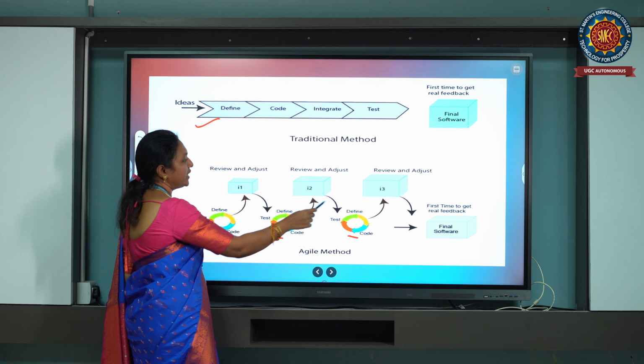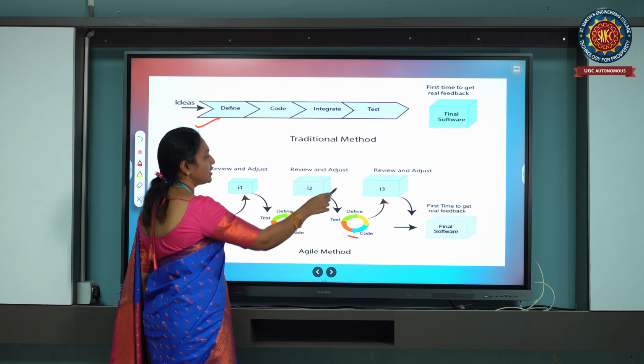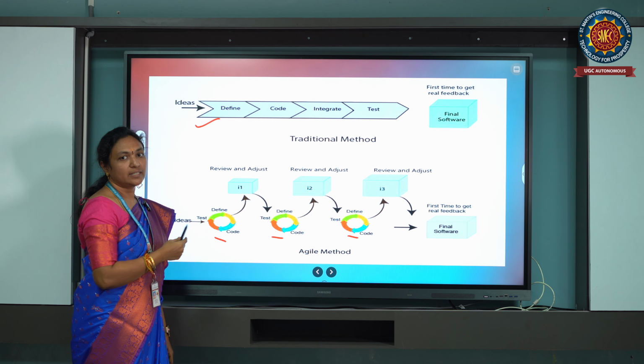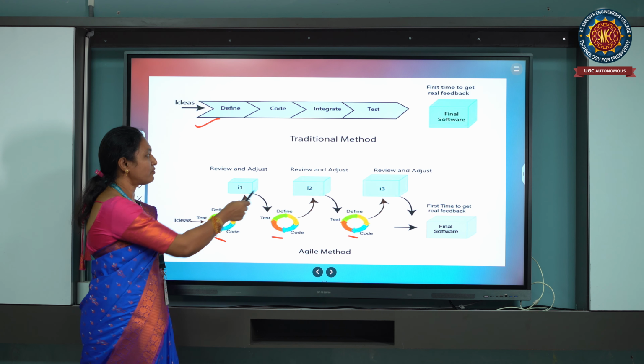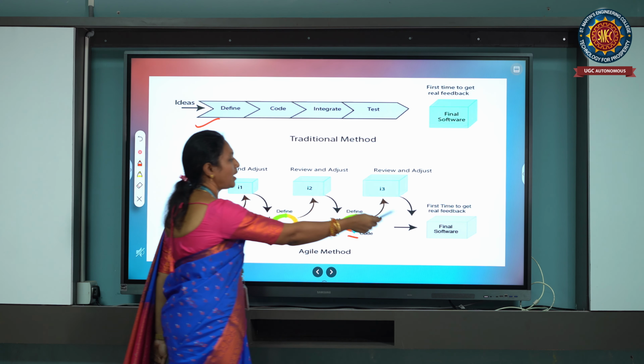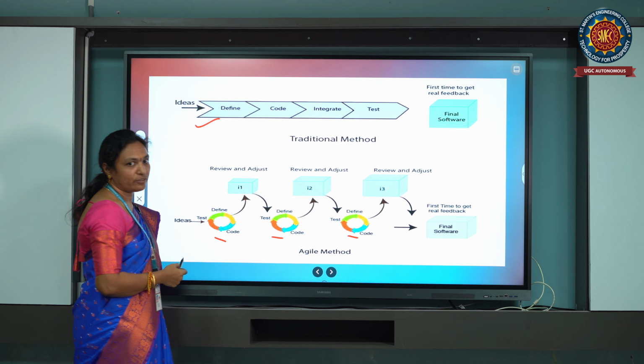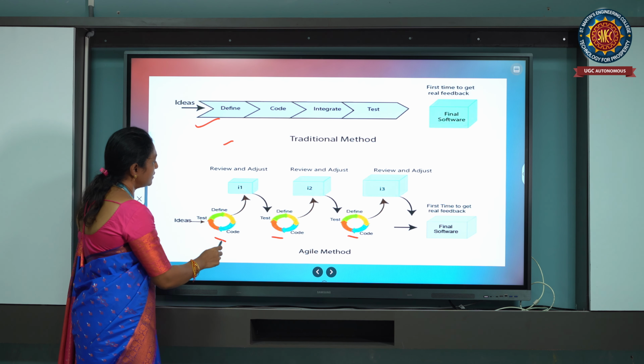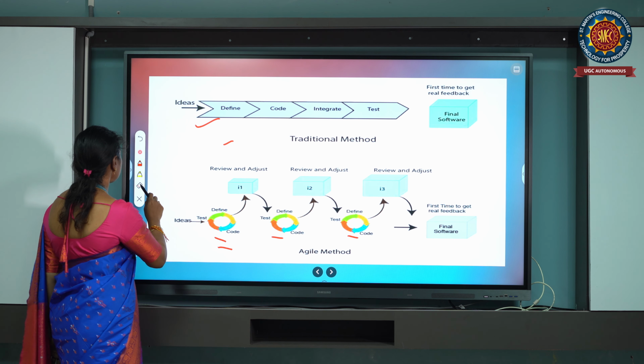Like that, every iteration has a review and adjustment of the requirements and the satisfaction of the customer. Then at last the final software is delivered. So this is the waterfall model, and this is the agile model.